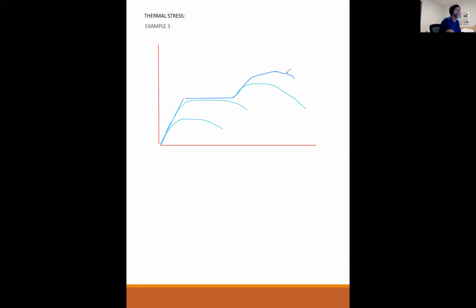So the tension curve would remain unchanged, but it's on the compressive side that you will start seeing this sort of behavior, and you'll see a maximum stress that may or may not even get to the yielding stress. This is a very important concept in structural engineering that we need to be very careful and cognizant of how slender we're making things, because they may not carry the load that we're expecting them to carry.